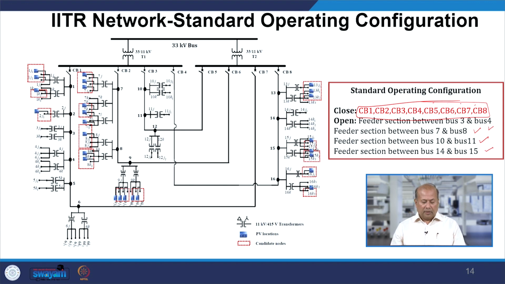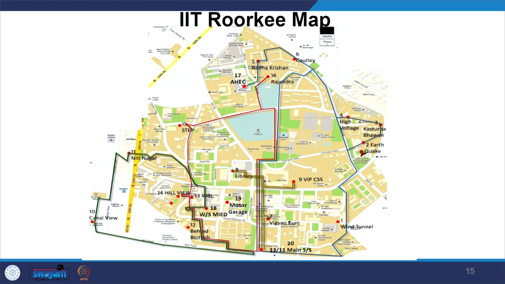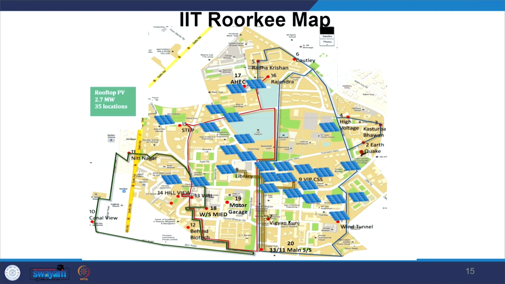But with time, depending upon the emergency, the scenario may change. So this is the IIT Roorkee map. As you could see, the geography of the map. And now you could see the amount of PV installation at different points. As I told you, there are 35 locations and approximately 2.7 megawatt of PV integration at the IIT Roorkee campus.